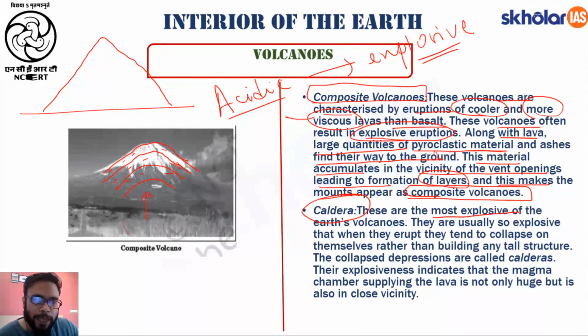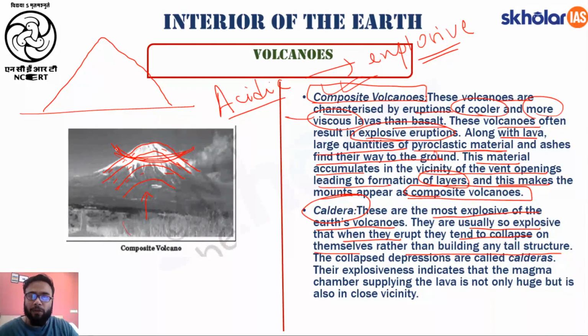Fine. Then we have to understand what is a caldera. Now these are the most explosive of the Earth's volcanoes. They are usually so explosive that when they erupt, they tend to collapse on themselves rather than building any tall structure. So your calderas are nothing but a variant of acidic volcano, but much more acidic compared to a composite volcano, right? They are so explosive in nature that this top portion that you see here will no longer exist.